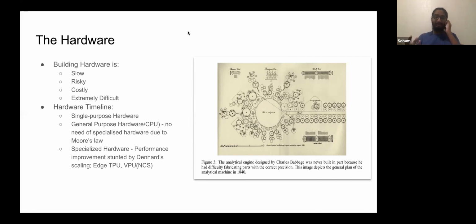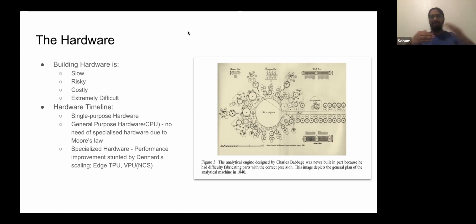And finally, it's also very costly, costly in terms of manpower and time needed, and costly in terms of actually submitting the chip to be manufactured. And finally, it's extremely difficult. You need a lot of really good people working together in sync to build a chip. So that's the preface, right? Building hardware is slow, risky, costly, and difficult.